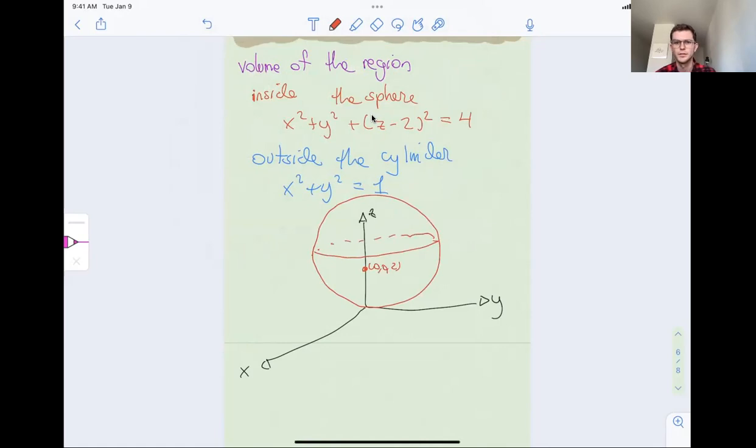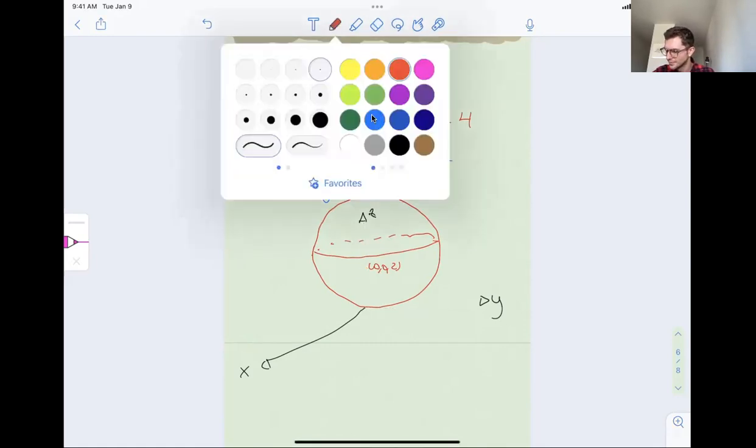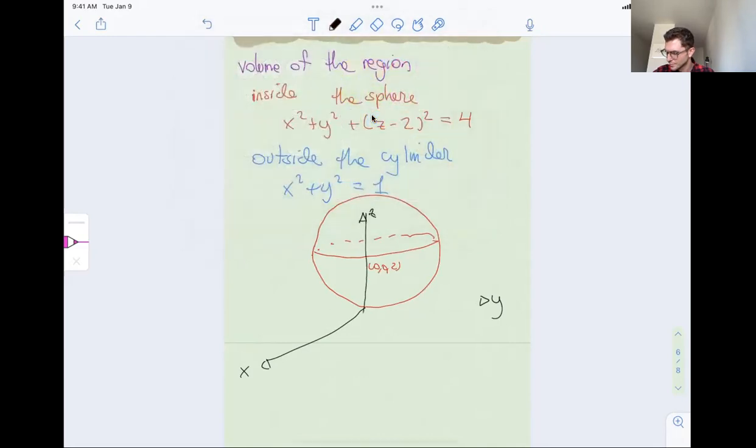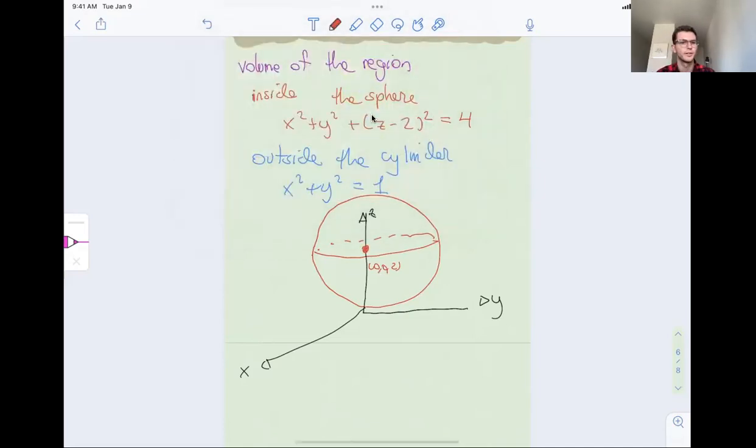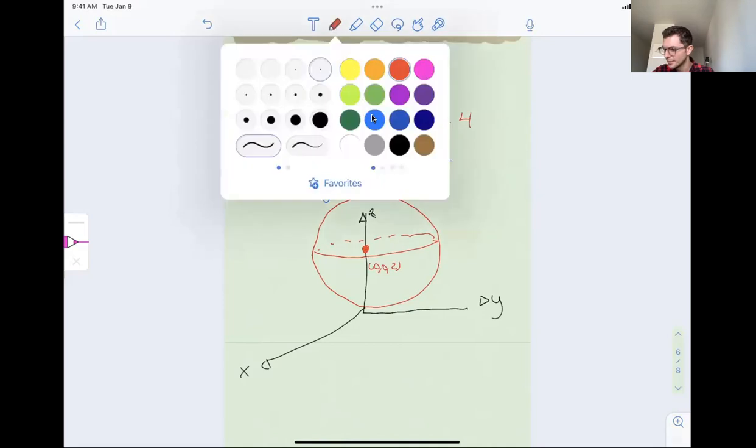Is that making sense? Well, it kind of looks like, you know what I'm trying to draw. It's just a bit difficult. Here's the center somewhere. The center is at 0, 0, 2. It's radius 2. Okay, and then what's this cylinder?